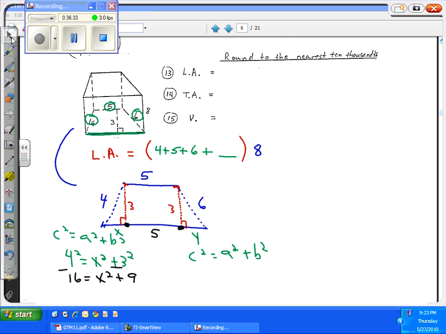So I'm going to have 16 is equal to X squared plus 9. I'm going to subtract 9. And I'm going to get X squared equal 7. Take the square root. And so X equals square root 7. Okay? X equals square root 7.